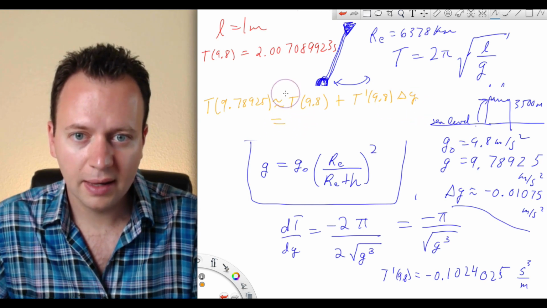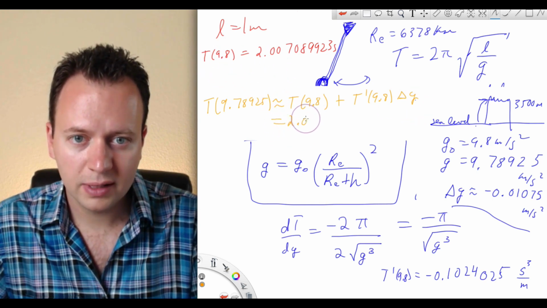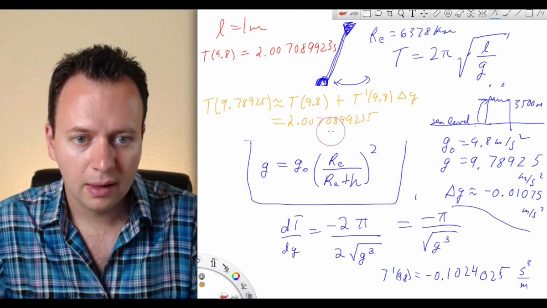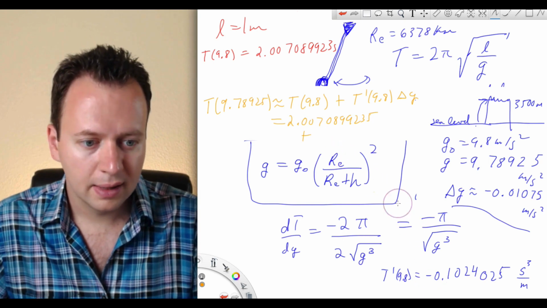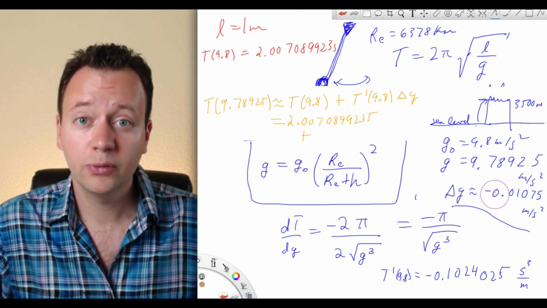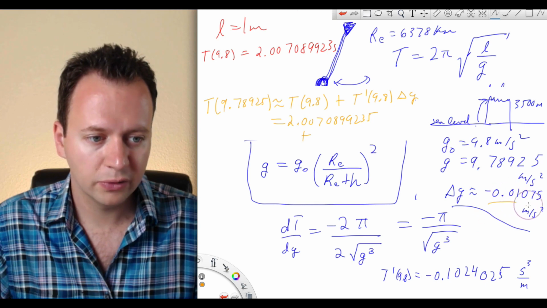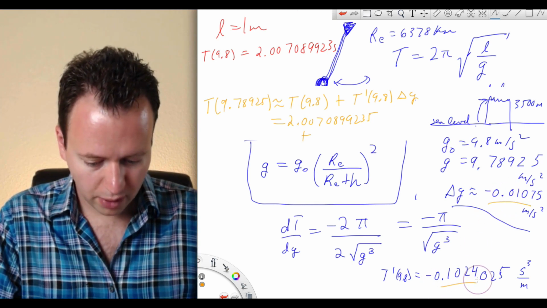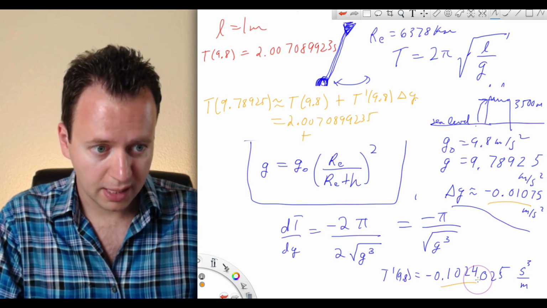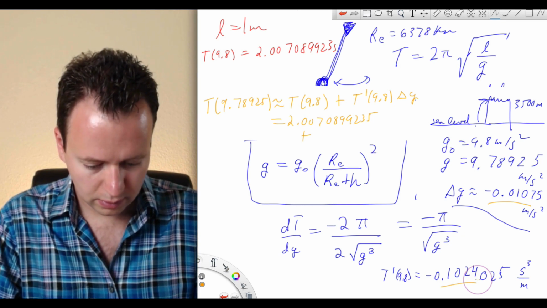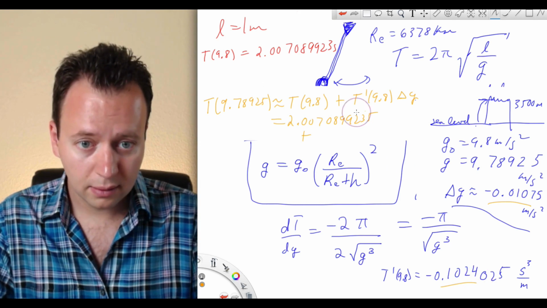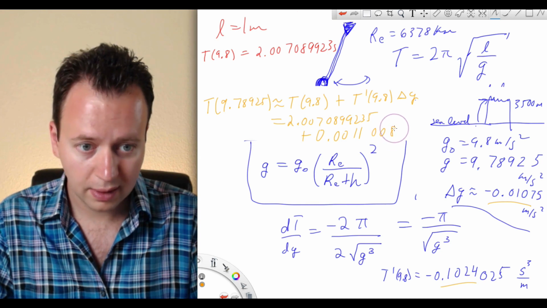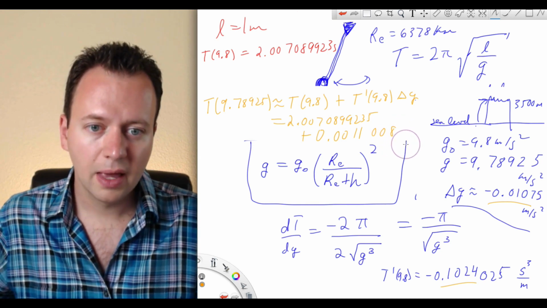So this should be T of 9.8, which was 2.007089925, plus T prime times delta g. Both T prime and delta g are negative, so we just have to multiply this by that. So multiplying T prime by delta g, we get 0.0011008 approximately.